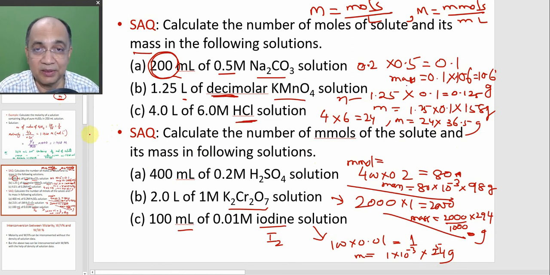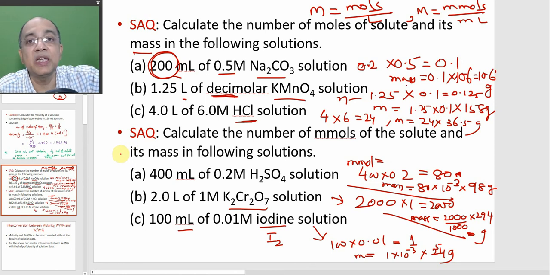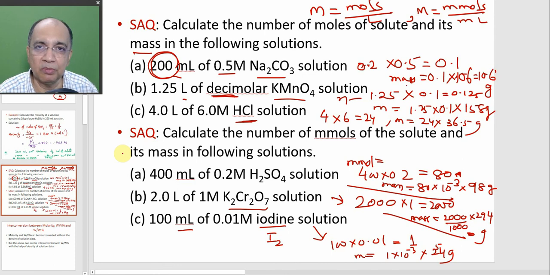The milli method is more handy because you deal with good values like 20, 25, 60.5, 30.7, but in moles it will be 0.0037, 0.03, 0.05. So when you add these, it will be a problem. In mental calculation you may skip some figure, thereby inviting errors. To avoid that, I suggest you go by the millimole method.